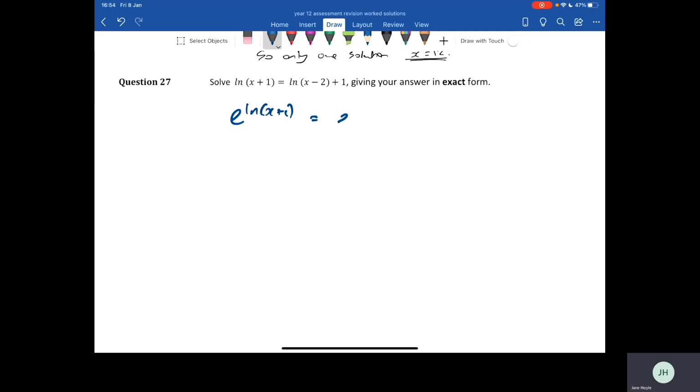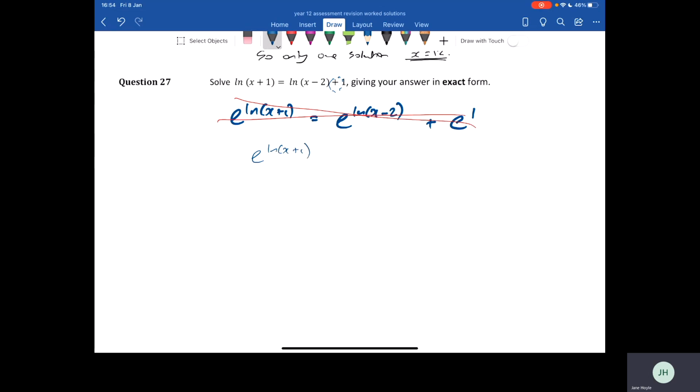We cannot do this. That, of course, is not allowed, because of that plus there. So you would have to take exponentials of the whole of that side of the equation.